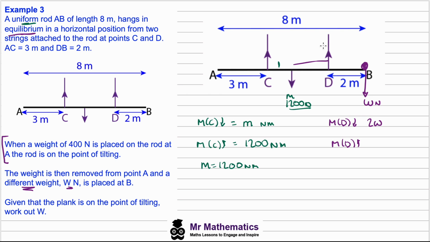And we know this is 4, so this will be 2. So this will be 2 lots of 1200 newton meters. And because it's on the point of tilting, we know these moments will be equal. So 2W will equal 2,400. So the weight W will be 1,200 newtons.